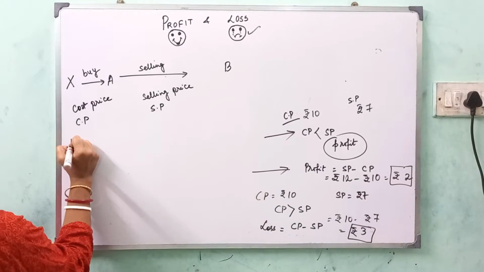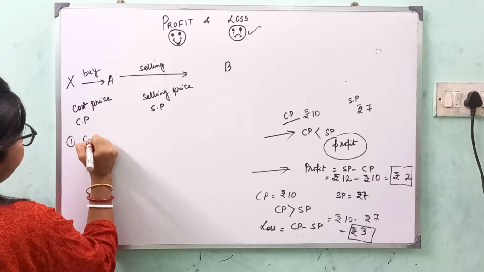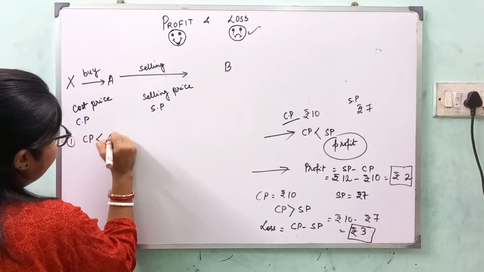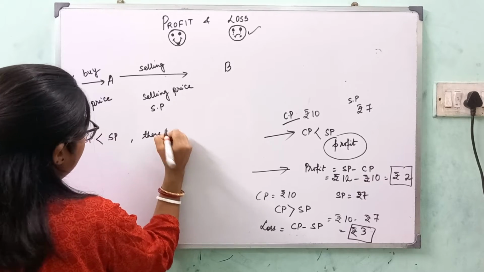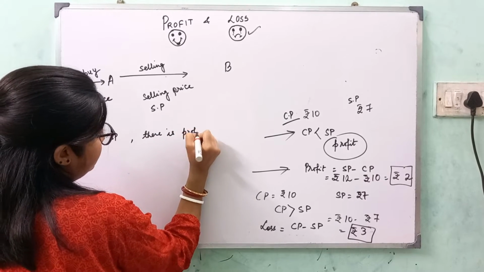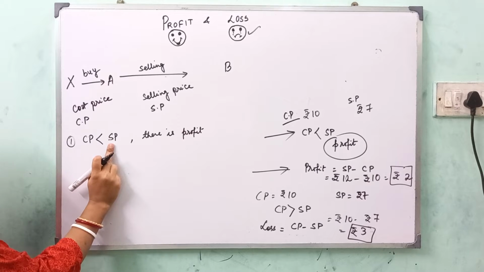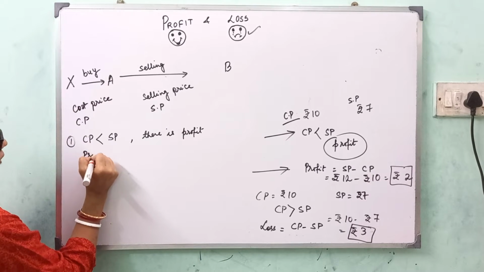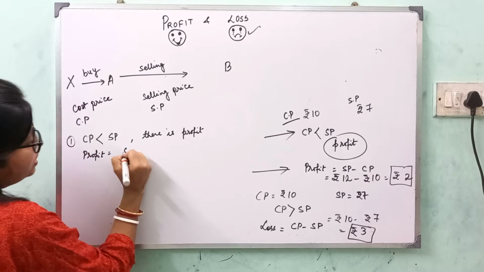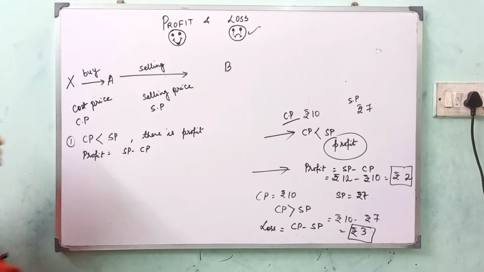So two things we have learnt, that is, if your CP is lesser than your SP, there is a profit. When your selling price is more than the cost price, there is a profit. And how do we calculate the profit? Profit is your selling price minus the cost price.